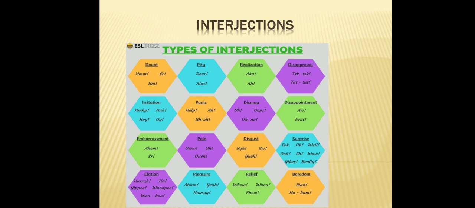There are many types of interjections, like we can see: doubt, er; pity, dear; realization, aha, oh; disapproval, disappointment, dismay, panic, irritation, embarrassment, pain, disgust, surprise, elation, pleasure, relief, and boredom.